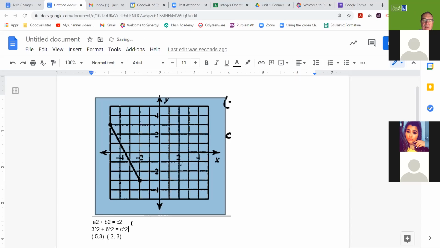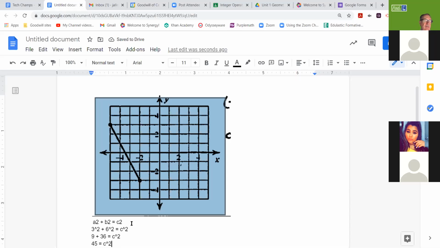What you'll discover later as we get into right triangles is the c side is always the hypotenuse, the angled side that's opposite the right angle. So once I do the calculations, I get 9 plus 36 equals c squared. Same thing, 45 equals c squared.